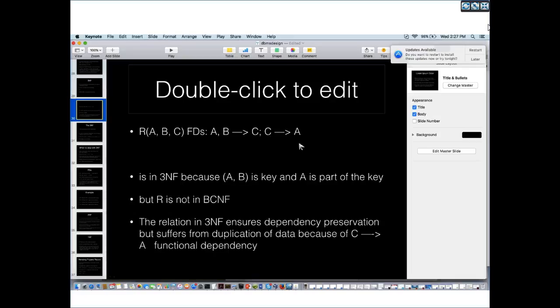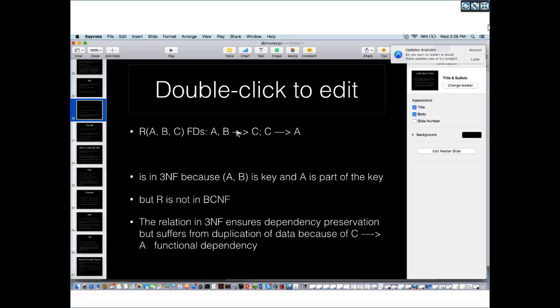Okay? For example, if you see this here, AB functionally determines C, C functionally determines A, and A is part of the key. You can see that. Okay? By this definition, the transitive dependency doesn't come into the picture, because if you check now which are the keys for this relationship, AB is the key.